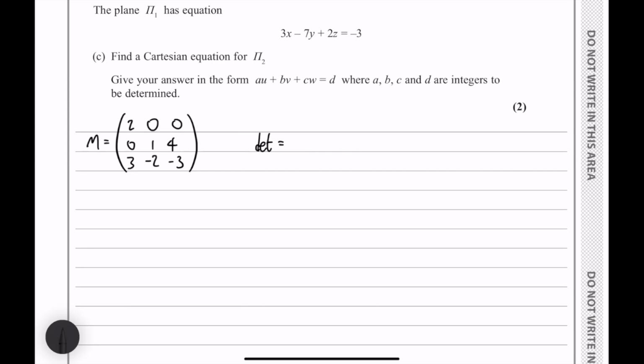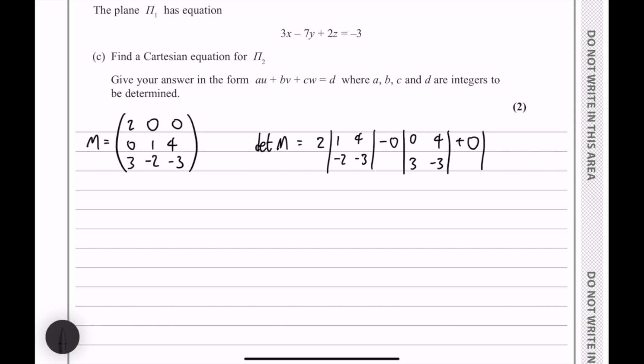The determinant of M is equal to 2 times by the minor 1, 4, minus 2, minus 3, minus 0. Now I don't need this because it's going to be multiplied by 0, but I will need it for the matrix in a moment anyway. So I'll put it on.